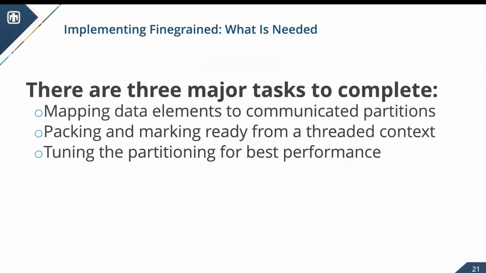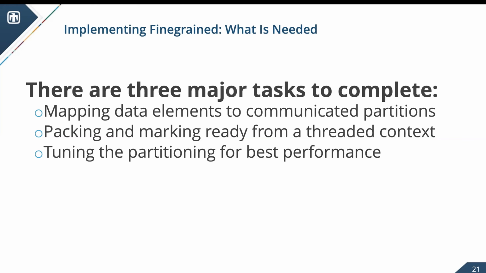So let's start off. When it comes to actually implementing a fine-grained application or converting an existing application to use fine-grained communication, there are three major tasks. One is having some way to map the data elements that you're using in your computation loop to the communicated partitions that something like MPI partition communication or MPI RMA are going to be sending over the network.